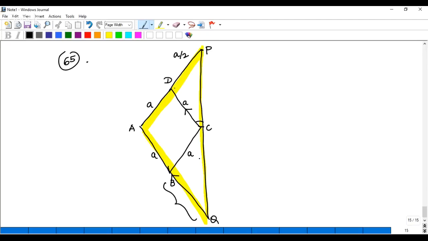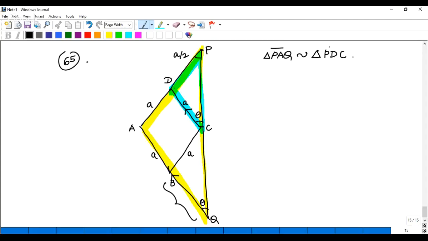The angle here, if it is theta, the angle here also will be theta, and P is the common angle. So the two triangles formed here, triangle PAQ is similar to triangle PDC. So the ratio of side lengths will be the same.